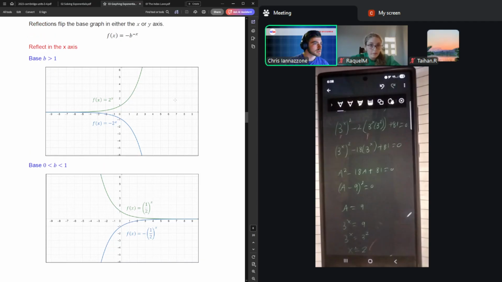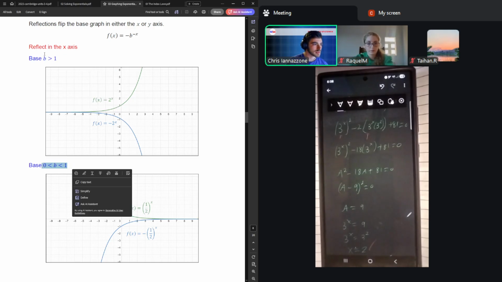Reflections. So now that we have issues with the base of our exponential, we now need to have essentially two separate pictures to figure out what happens if a reflection occurs. So we've got our base between 0 and 1 down here, and basically any other base that's positive.